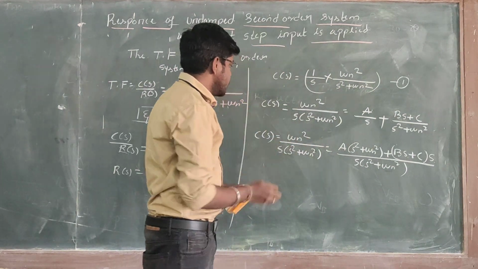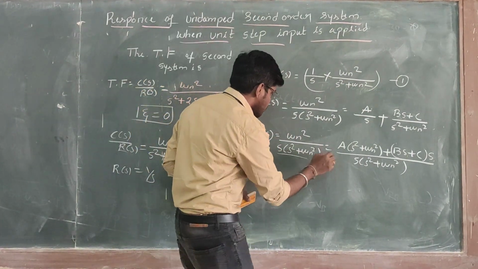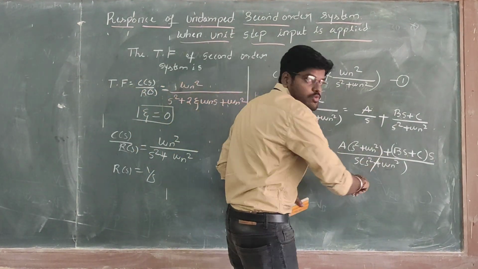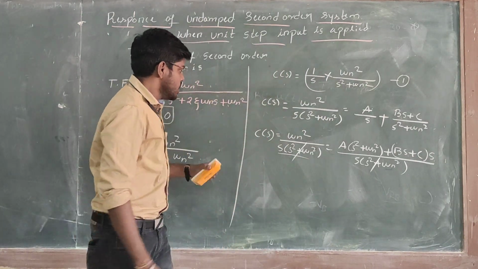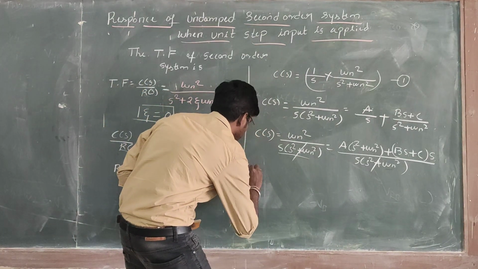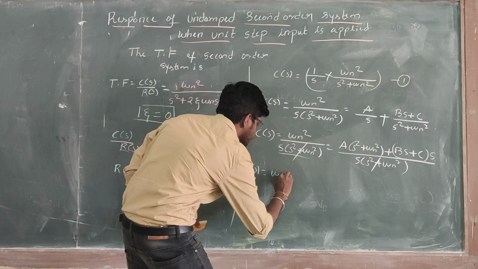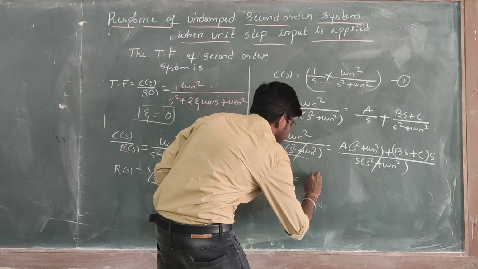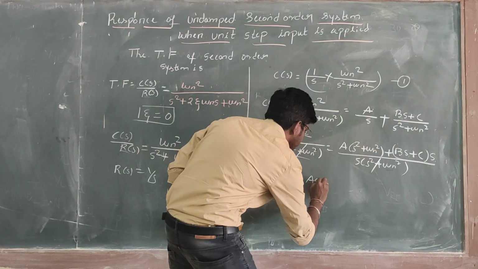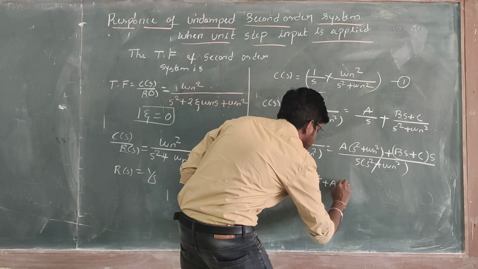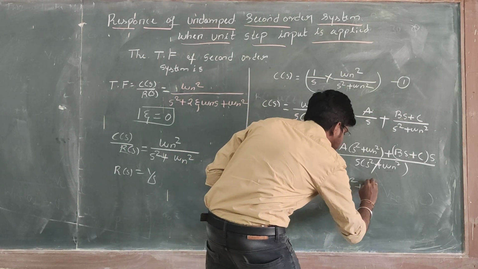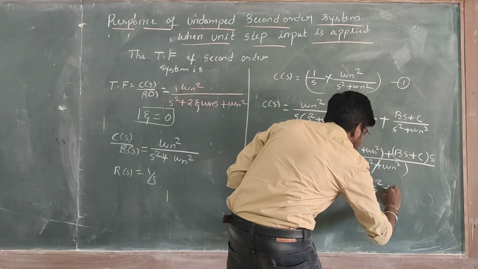Look at both the LHS and RHS: this denominator is common, hence it gets cancelled. The remaining term is omega n square equals a into s square plus a omega n square plus b s square plus c into s.